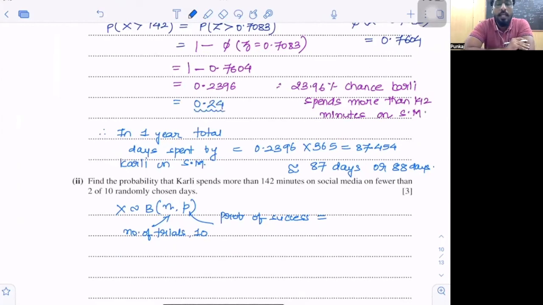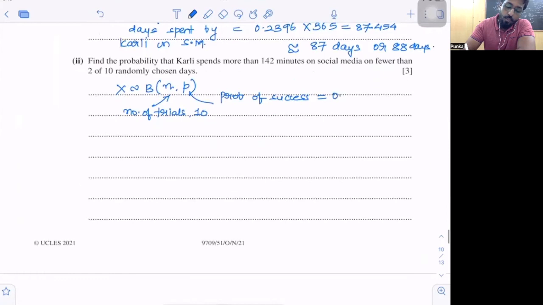So as an instruction that is already given to us is to write 3 significant figures, isn't it? So 0.2396 will definitely become 0.24, or if you have an angle, then you want to write up to 1 decimal place. So I'm going to write 0.24 as my probability of success. So it's 0.24.